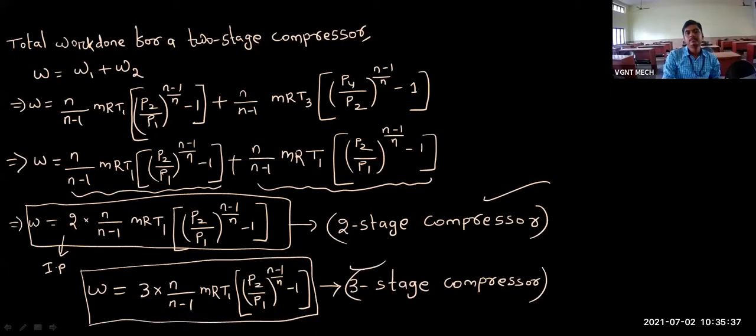So depending upon the number of stages, we have to multiply it. If it is a 2-stage, multiply 2. If it is a 3-stage, multiply 3, and you will get the answers. So it is very simple. Nothing is there. Easily you can do it.